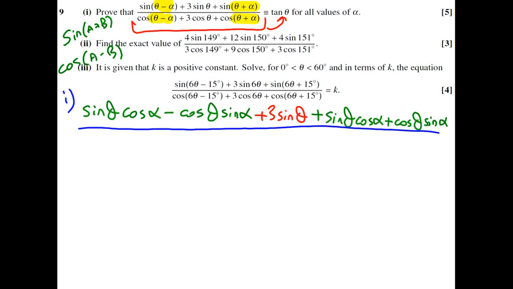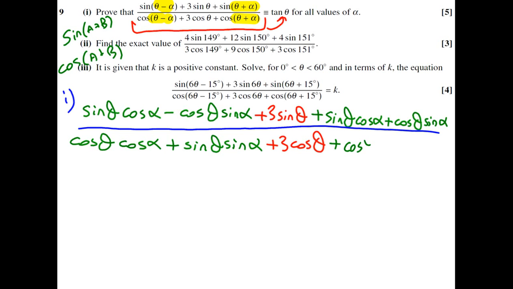Okay, so from your formula book, it's going to be cos theta cos alpha. Because it's a minus, it actually goes to plus here. Sine theta sine alpha. We've already got plus 3 cos theta, and then use your formula book again, but this time with a plus, which will give you the same thing but with a minus in the middle. Cos theta cos alpha minus sine theta sine alpha.